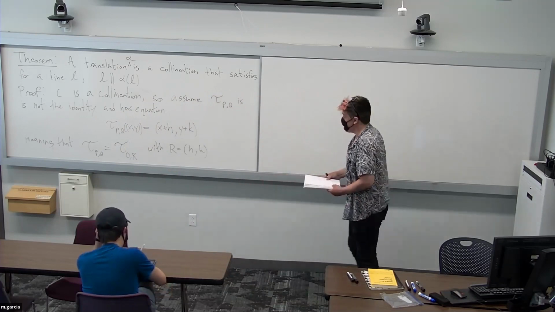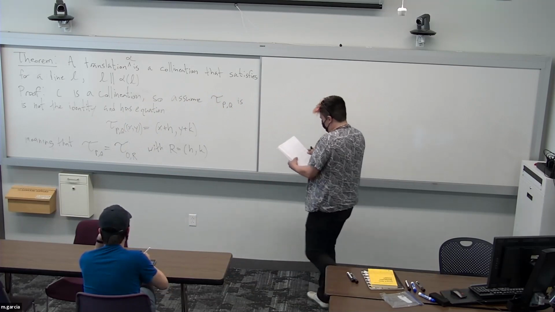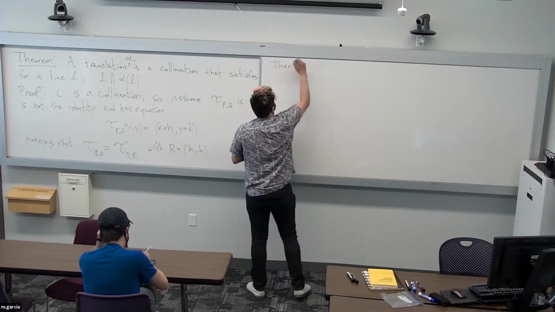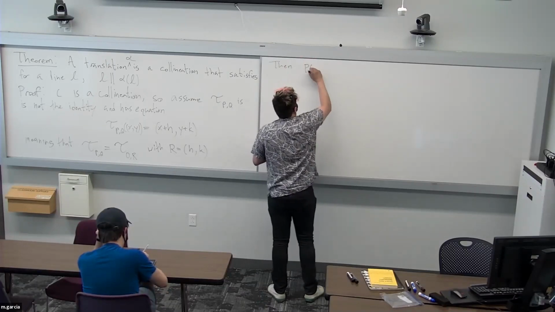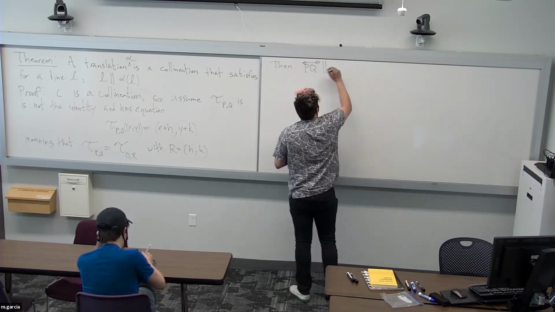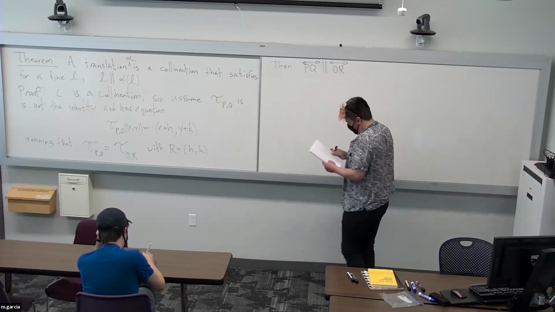Right? Then of course we have the line specified by P and Q is parallel to the line specified by the origin and R.